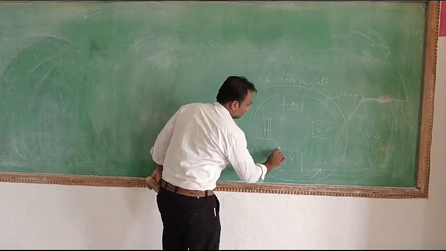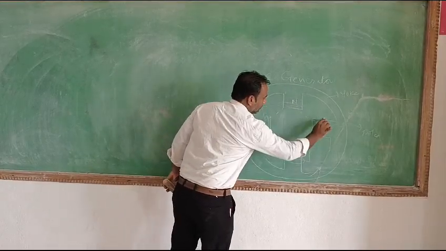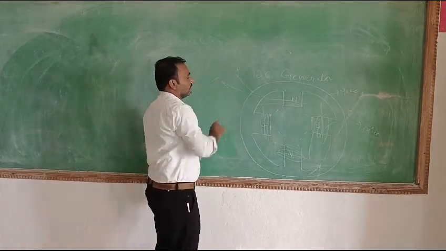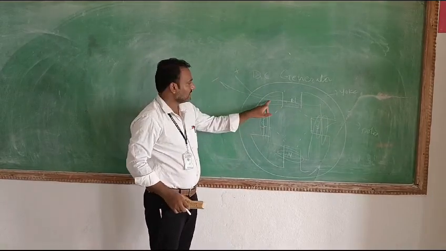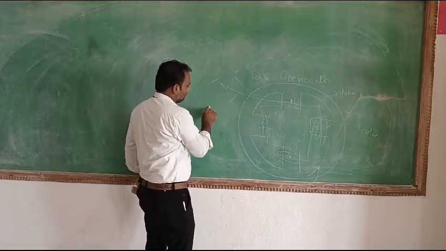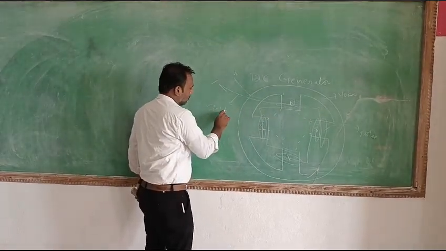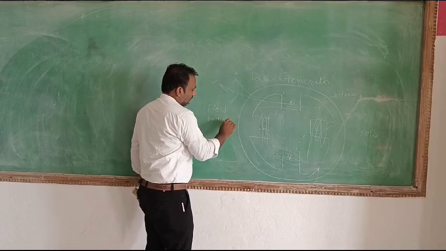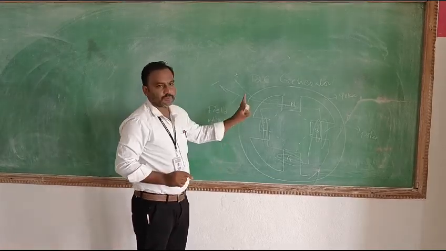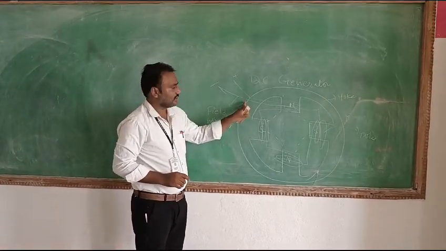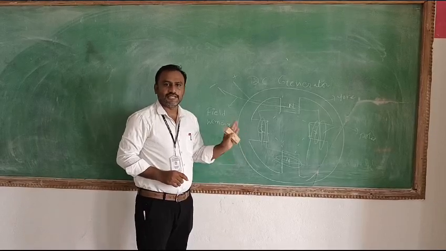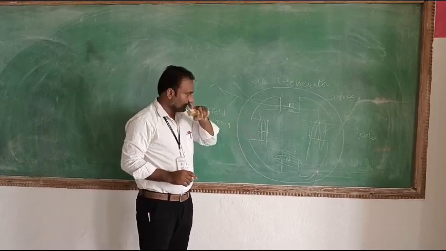This is known as the field winding, which is used to produce additional flux. By using this winding we can get the DC flux.